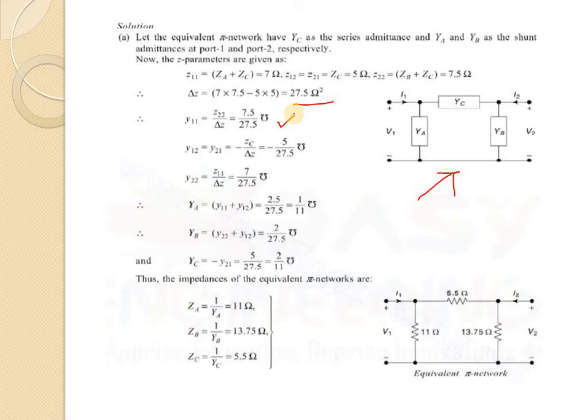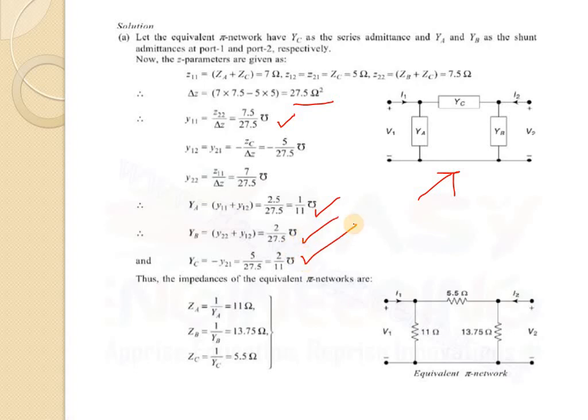Secondly, Y12 equals Y21, that is minus ZC by del Z, that is minus 5 by 27.5, and Y22 equals Z11 by del Z, that is 7 by 27.5. YA, YB and YC values we have calculated using this relation.